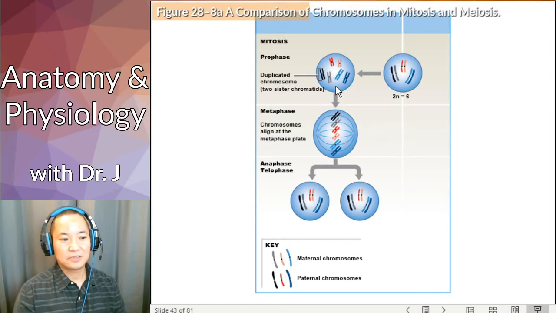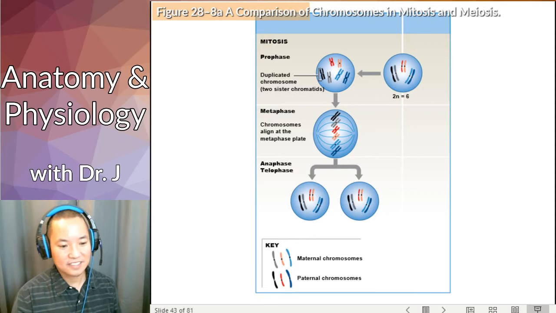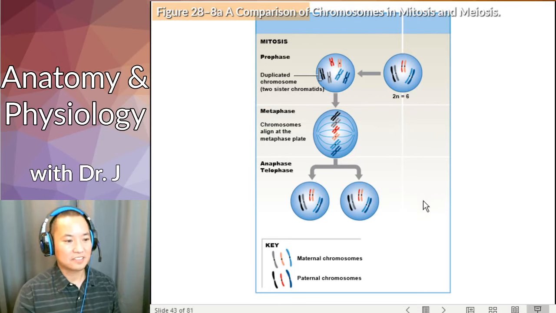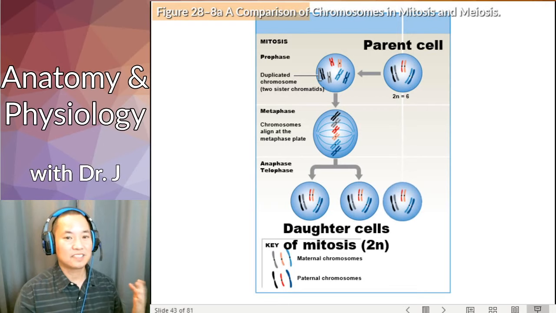So this is mitosis. This is the parent cell. Again, this is the one that's going to divide into two daughter cells. Now notice that undergoing mitosis, and yes, someone said correctly, Julie is correct, that mitosis generates all those cells. But look at this parent cell and these daughter cells. Compare the parent cell to the daughter cells. What do you notice? They're pretty much identical.